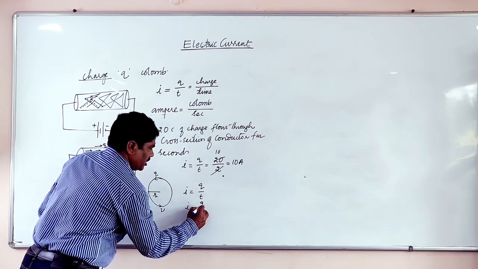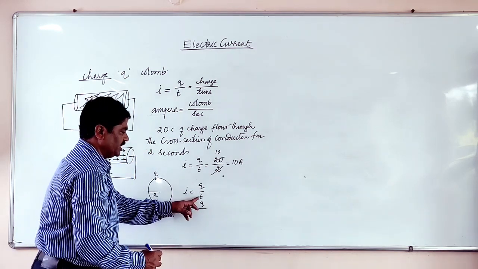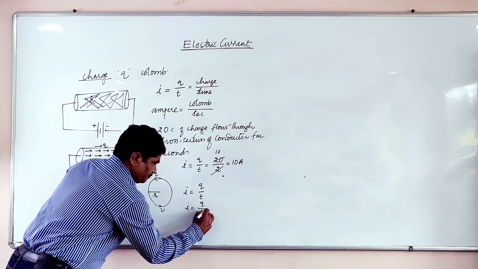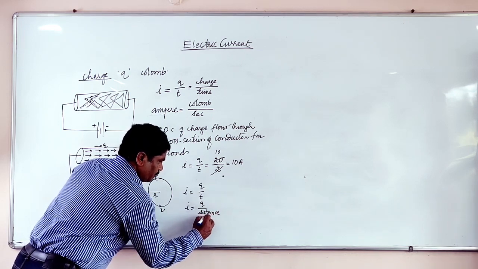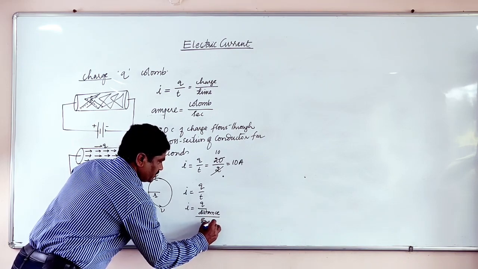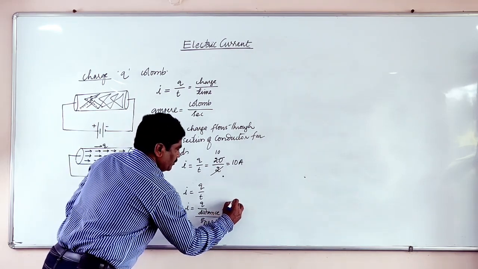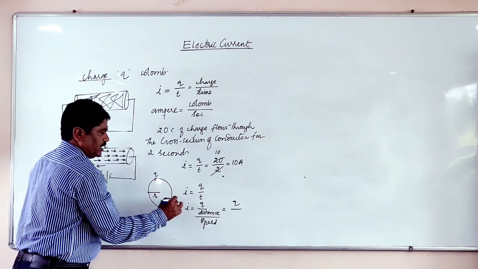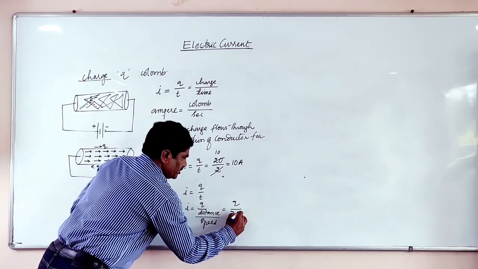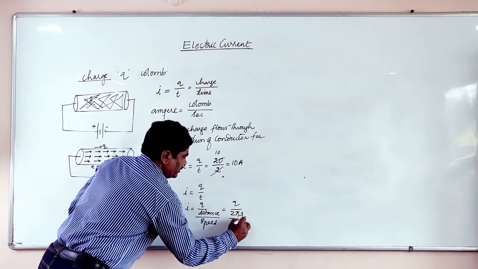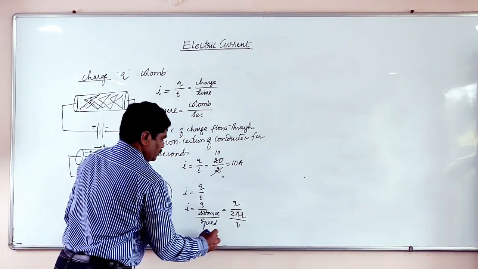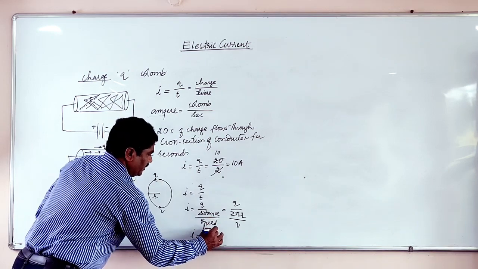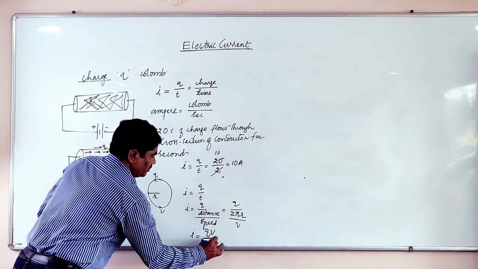Current is the charge of the electron divided by the time, and time is distance divided by speed. The distance traveled by the electron around the circle is 2πr, and the speed of the electron is v.